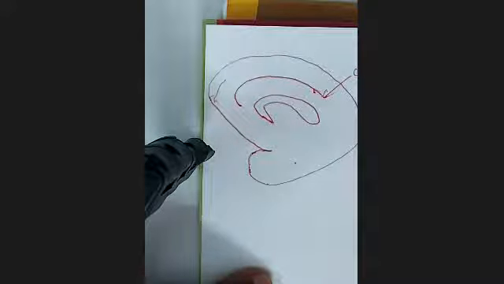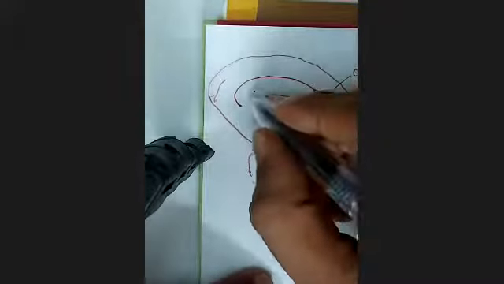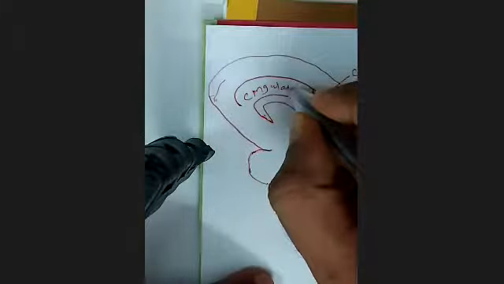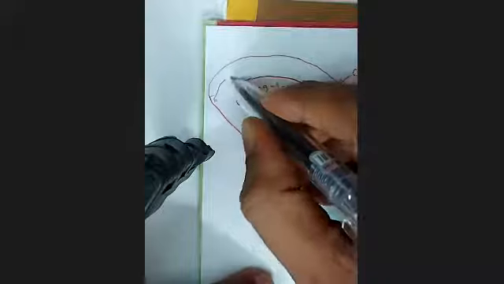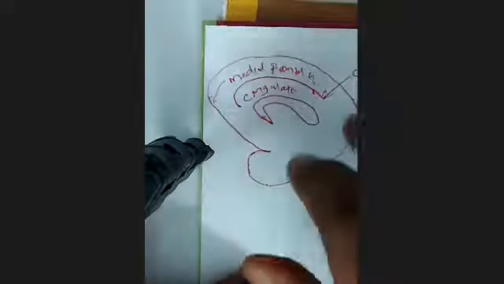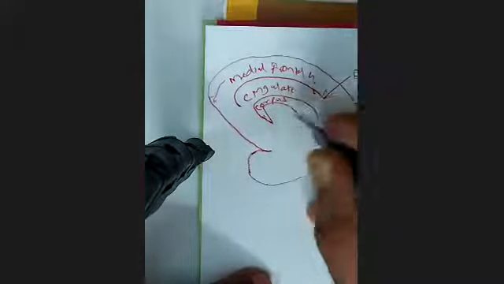The gyrus above the corpus callosum is the cingulate gyrus, and above that is the medial frontal gyrus. We'll discuss this in more detail when we talk about the medial surface. But on the medial surface, what we see is the corpus callosum.